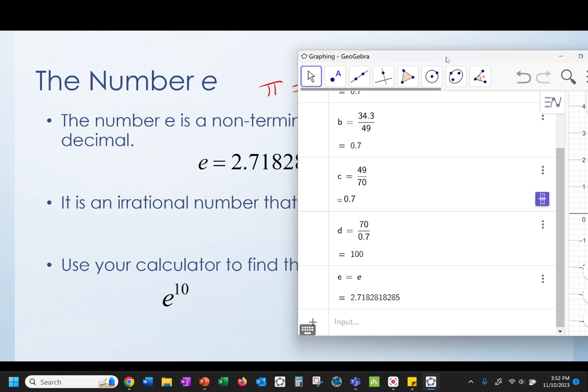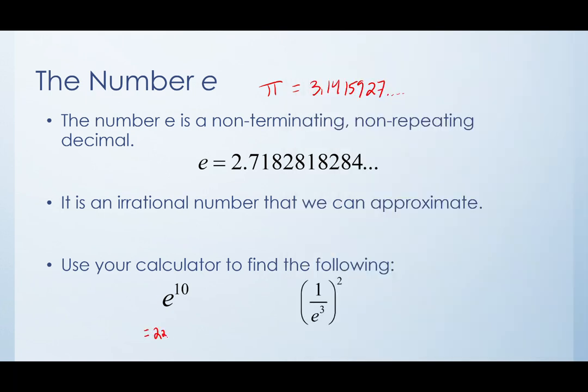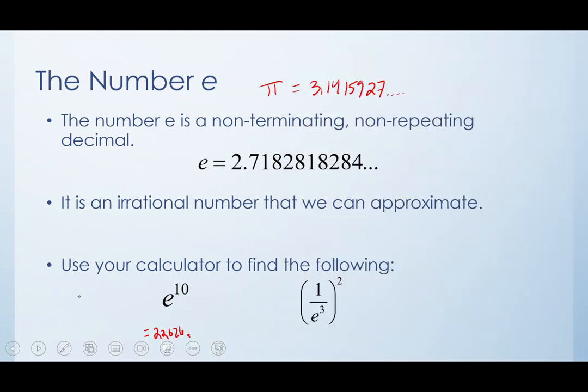So if I go e on my calculator here, e to the 10th is 22,026.46579. Let me get back my calculator here. 4658. So just know that's an approximation.